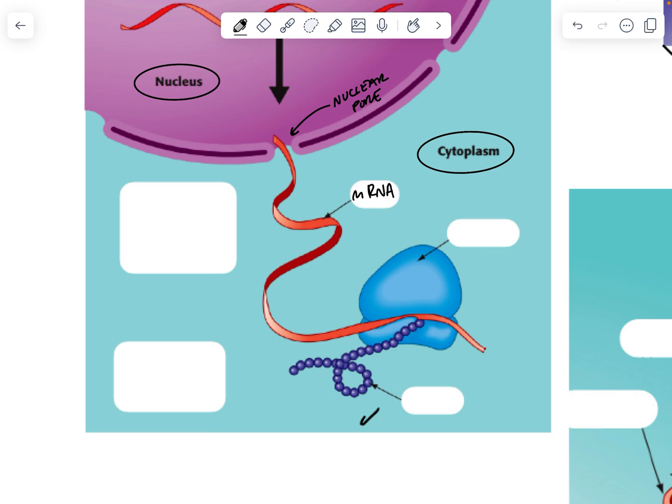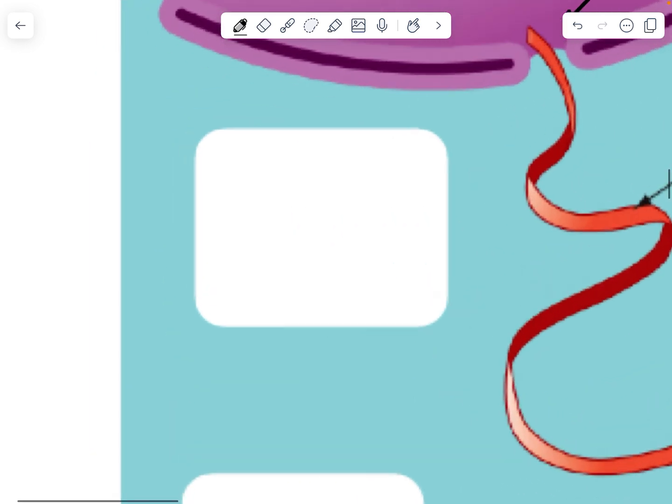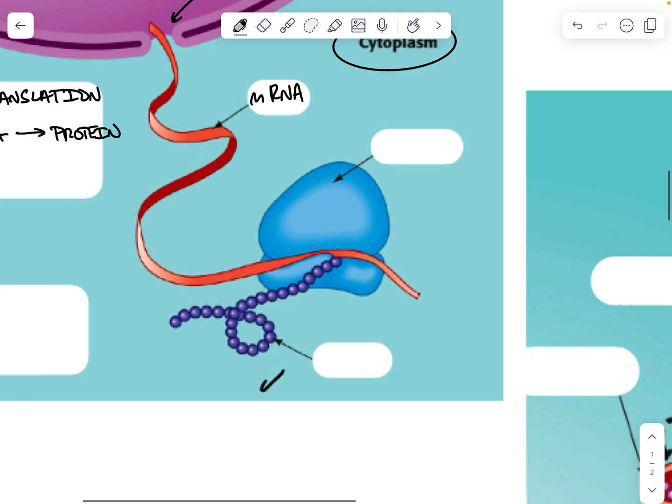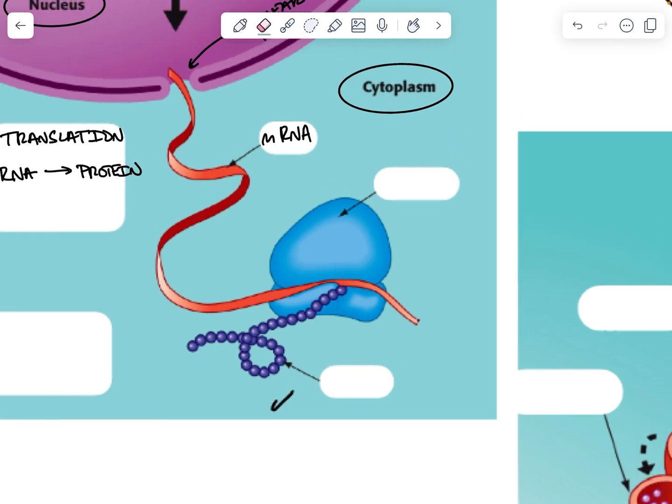And now it's going to undergo this process called translation, where the RNA is going to be read, and from that RNA, we're going to make a protein. In the cytoplasm are going to be a bunch of amino acids.